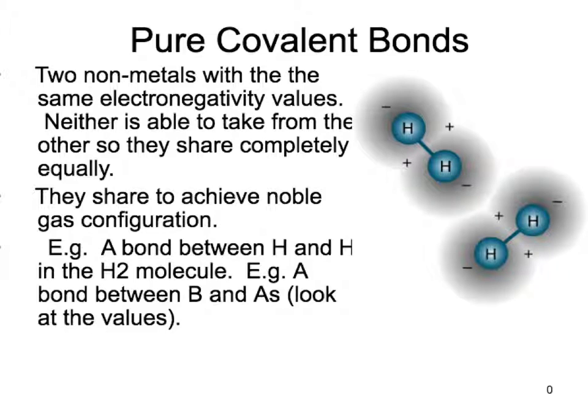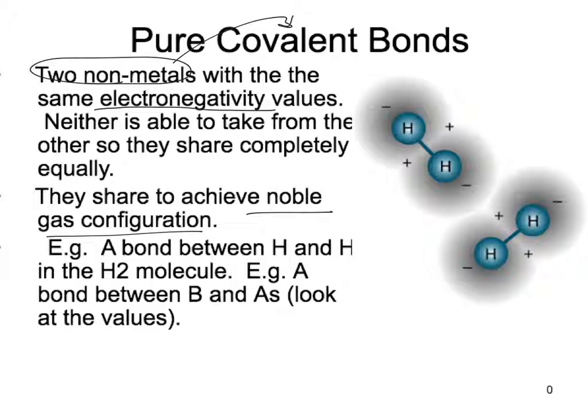Now, on the other end of the spectrum, we have two nonmetals. That's going to be covalent. And if they have the exact same electronegativity values, then neither is able to take from the other, so they share completely equally. Now again, they're going to share to achieve a noble gas configuration, but they're sharing. They're not going to have to transfer.